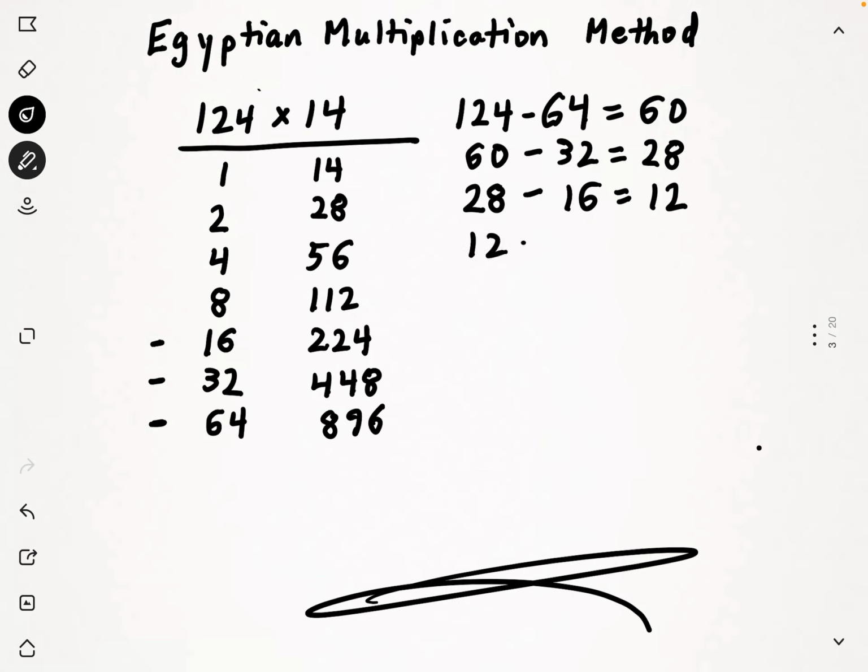I continue that pattern. I go 12 minus 8, which is 4, and then I take the next number, 4 minus 4, which is 0, and when you get to 0, that's when you stop.